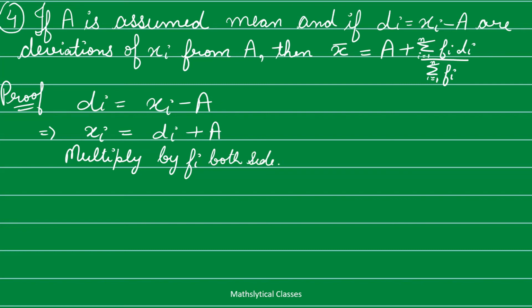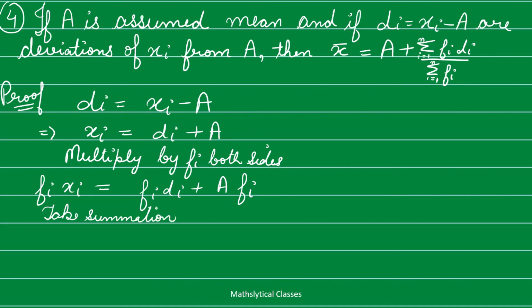So what we get is fi xi equal to fi di plus a times fi. Now take summation both sides, from 1 to n.